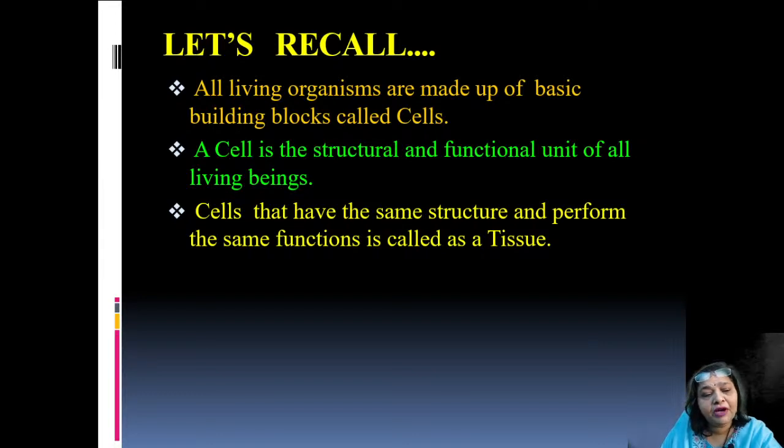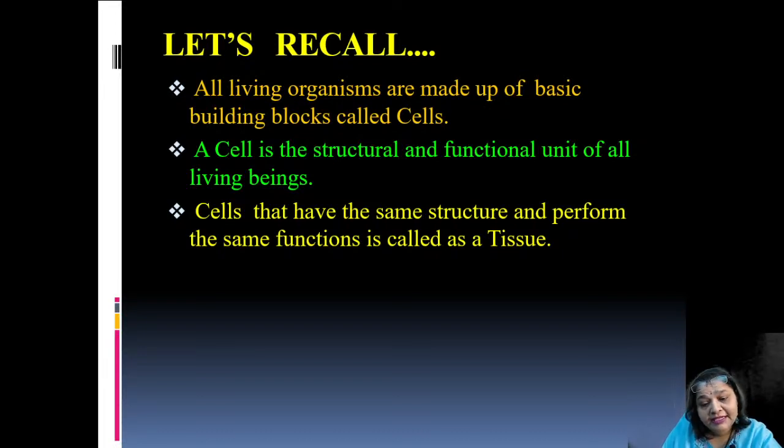So the cells would have come together slowly and carried out different functions. They started dividing the labor, they started dividing their functions amongst themselves, and would have started modifications as well as changes according to the functions.